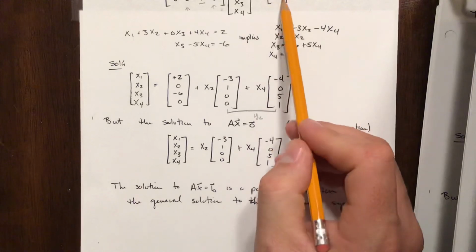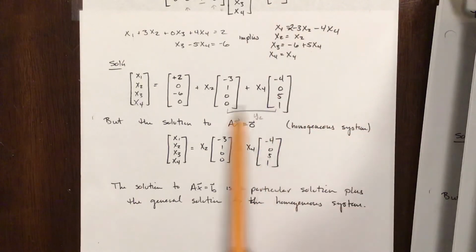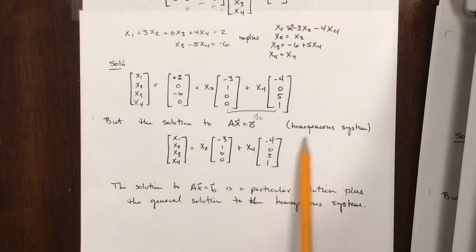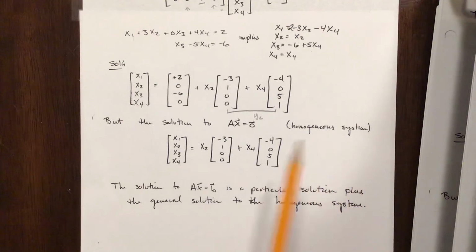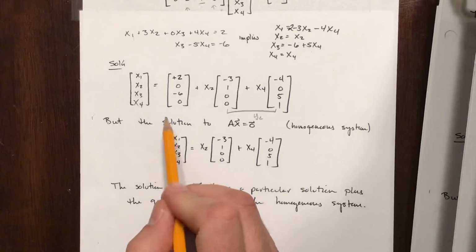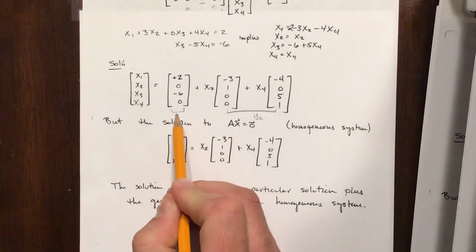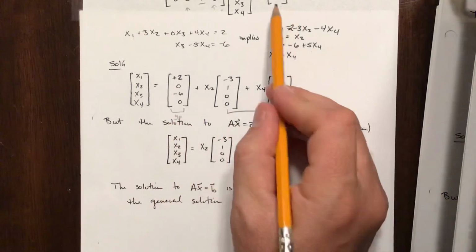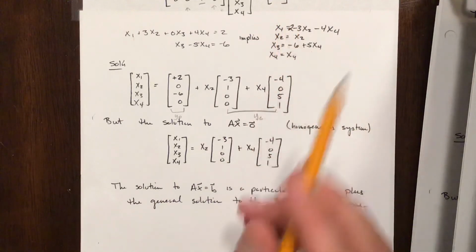So had there been zeros here and not 2, negative 6, this would have been the solution to the homogeneous system. And this right here is acting as your particular solution. It's the fact that this is 2, negative 6.